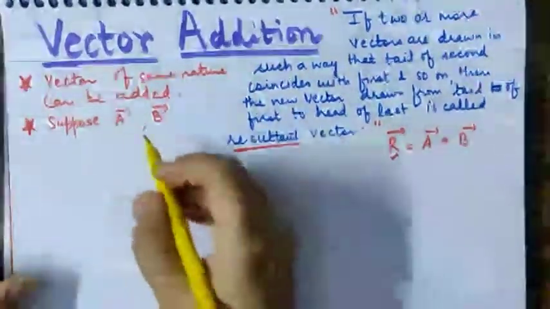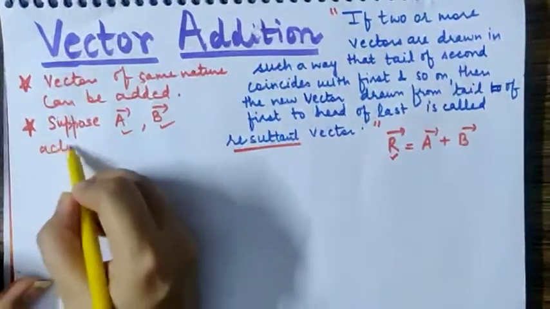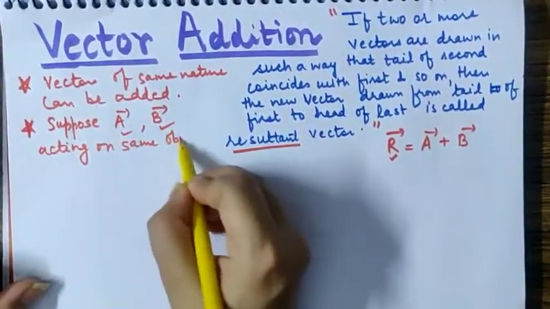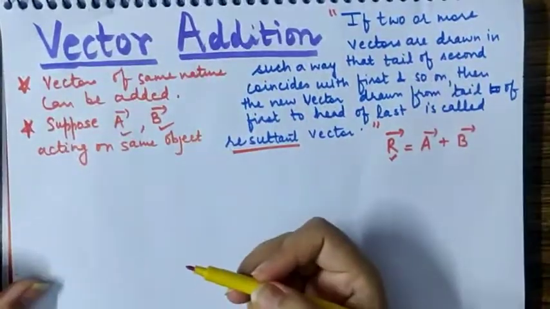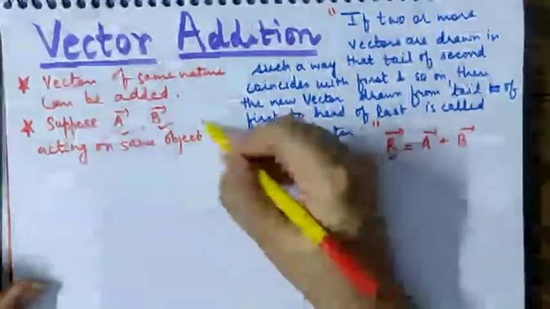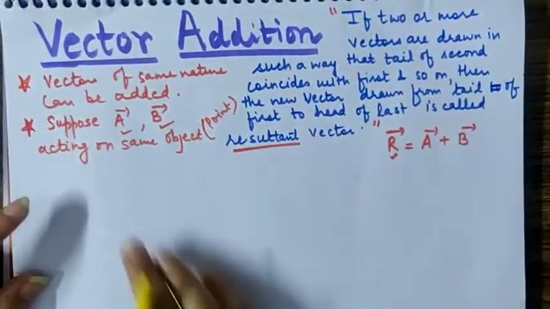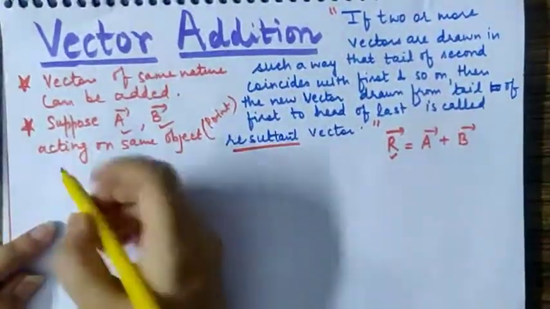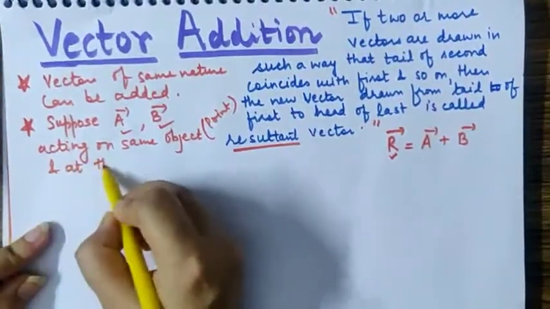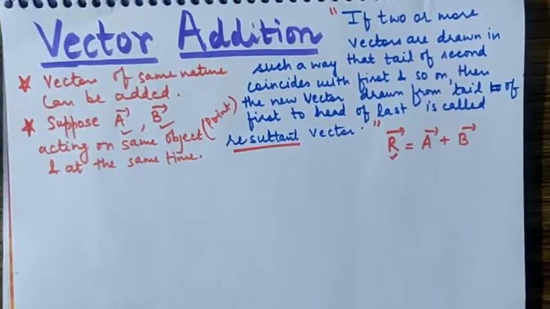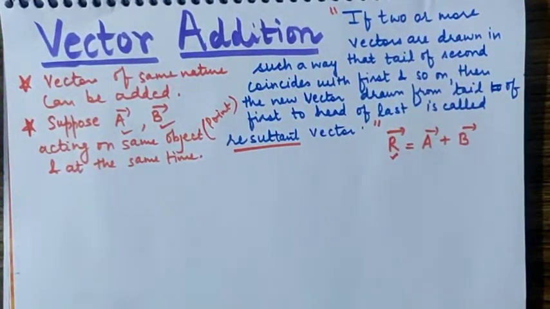So if A and B are acting on the same body, on the same object, now beware because we are using the point object till now, right? So acting on the same object and at the same time, only then can I add them.